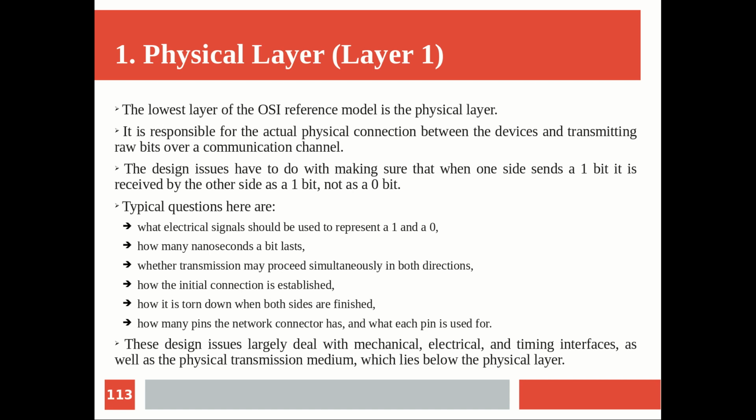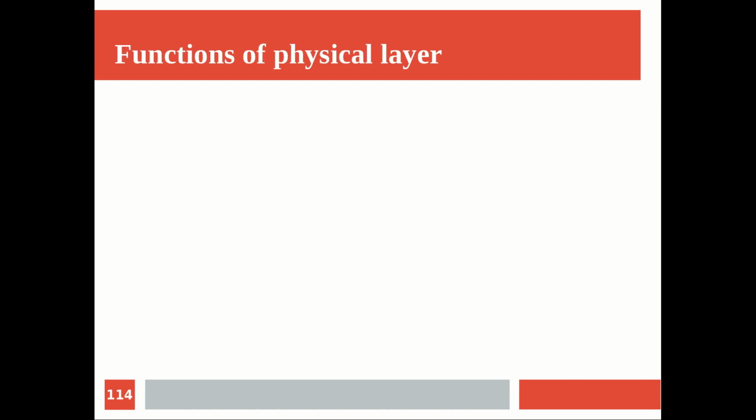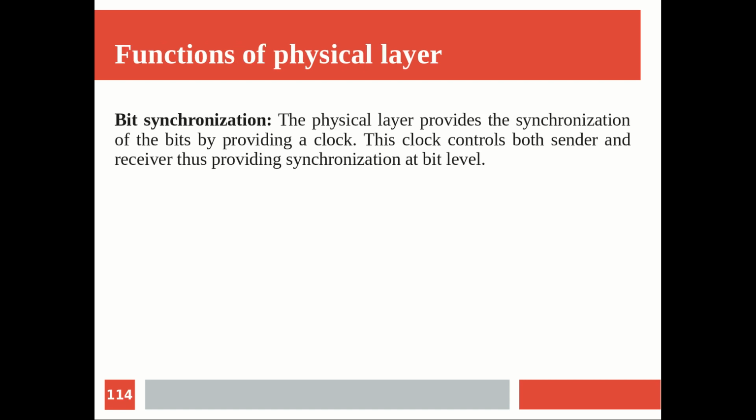In short, it depends on the mechanical, electrical and timing interfaces which we are using. Now the functionalities of the physical layer, like bit synchronization, I am just pointing out, as you already know all those things. The physical layer provides synchronization of the bits by providing a clock.